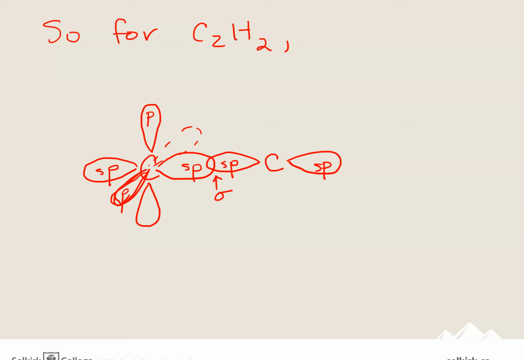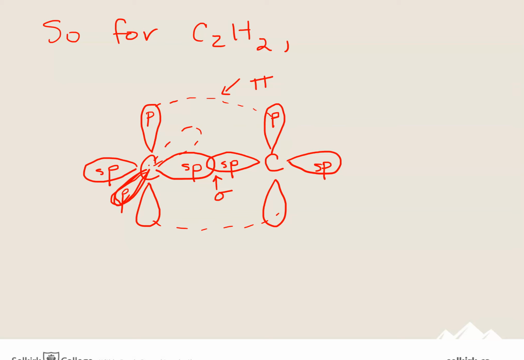Okay, for the second bond of the triple bond, I'm going to make a pi bond. And you remember that pi bonds are formed by the side-to-side overlap of p orbitals. So that means I'm going to put the p orbital on this carbon lined up side by side with the p orbital on the first one. And if we overlap them top and bottom, we make a pi bond. So there's the second bond of the triple bond.